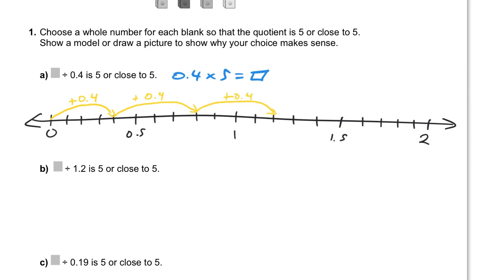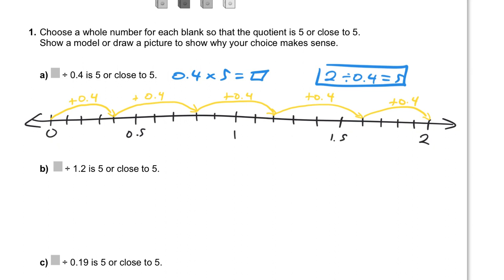Another 4/10. 1, 2, 3, 4. And it should take us right to 2. 0.4. Just like that. So we can say safely that 2 divided by 0.4 is 5. And that's our final answer.